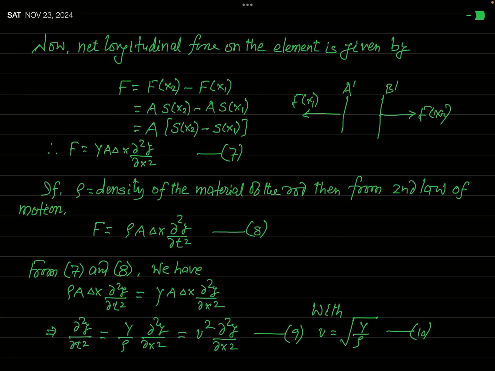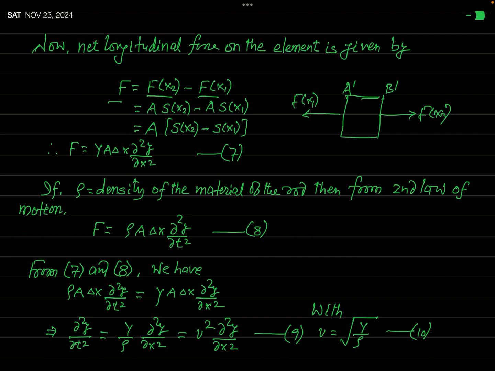Okay, so the net force acting on this element A dashed B dashed will be F at x2 minus F at x1. And so the net longitudinal force acting on this element is given by this much.